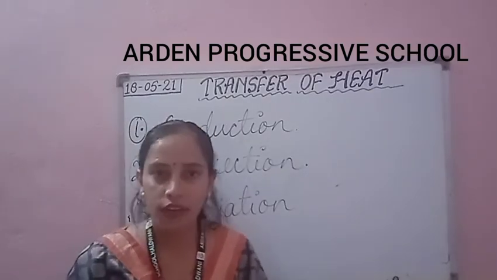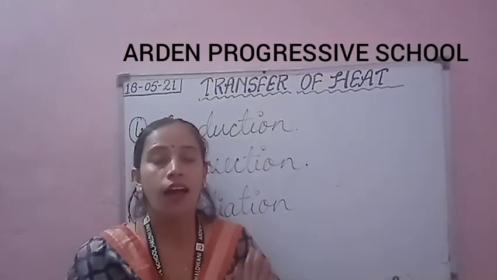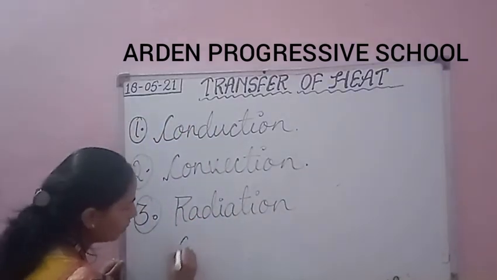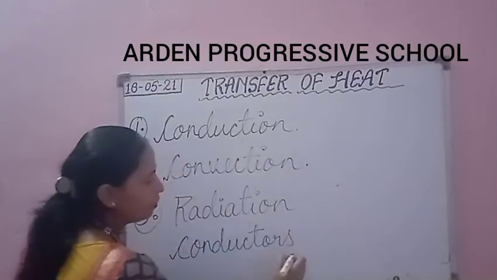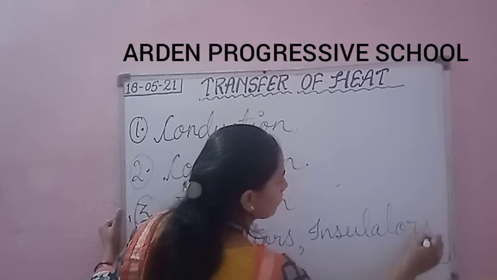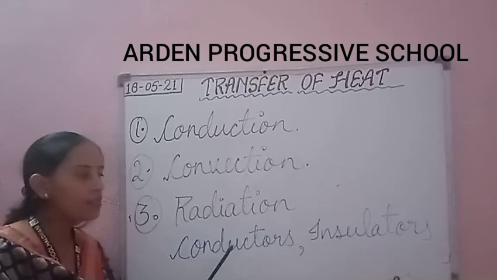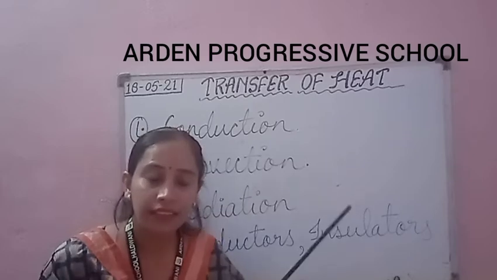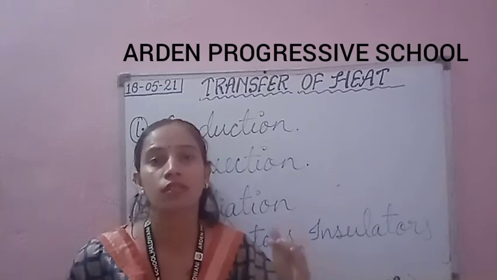So students, before starting these methods of transfer of heat, let's understand two main points: conductors and insulators. What are these? Please listen carefully. Conductors are those substances which pass heat through them.